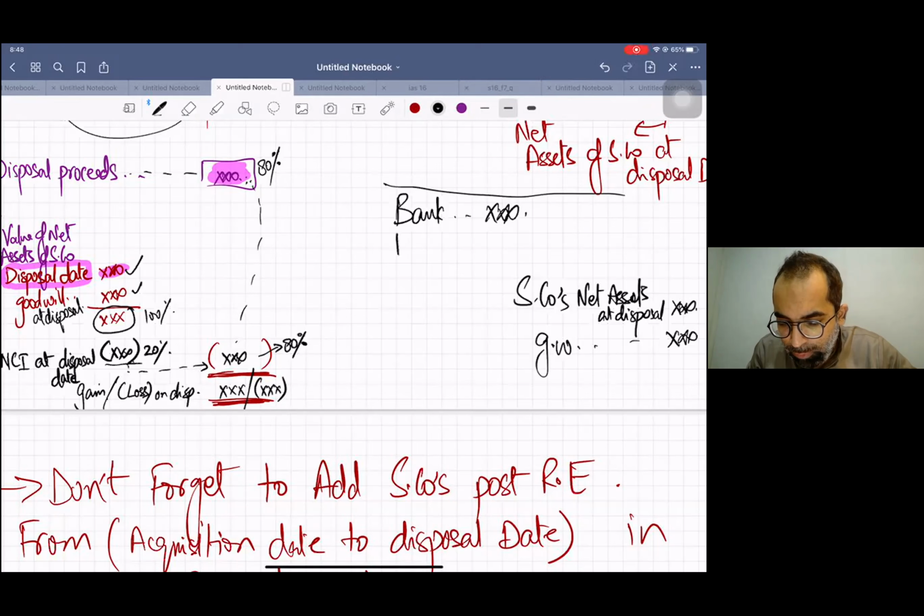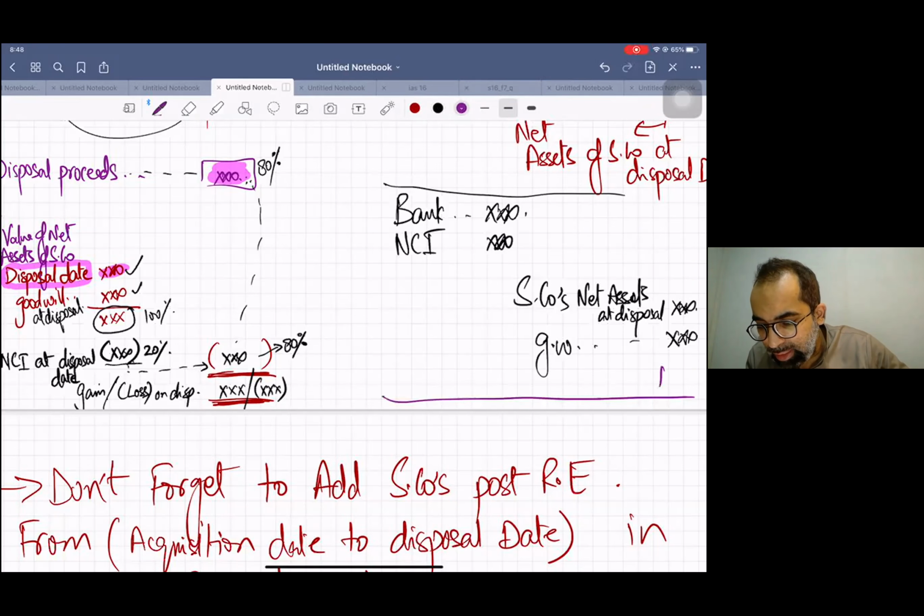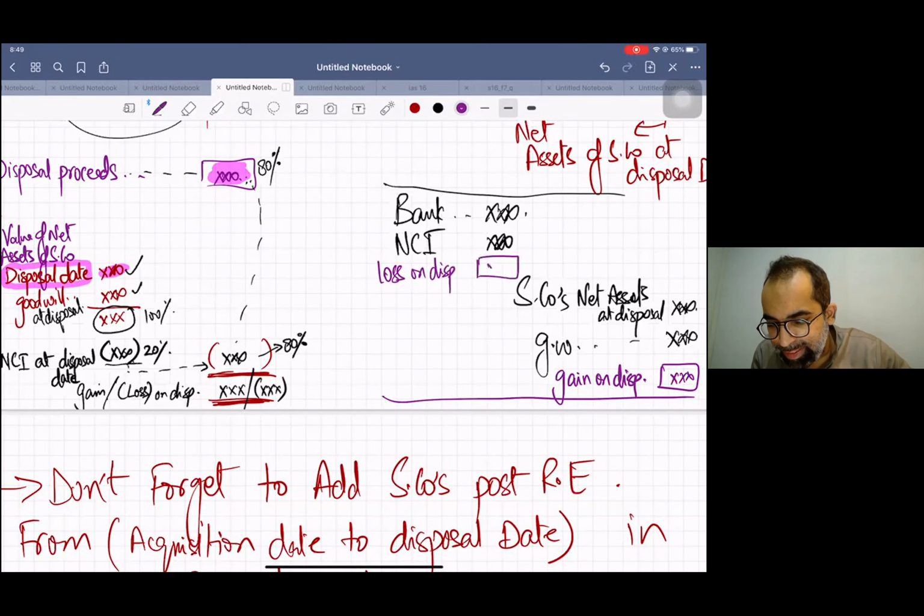Finally, if you get a balancing number here, it will be gain on disposal. And if you get a balancing number on the other side, this will be loss on disposal, my dear boys and girls.